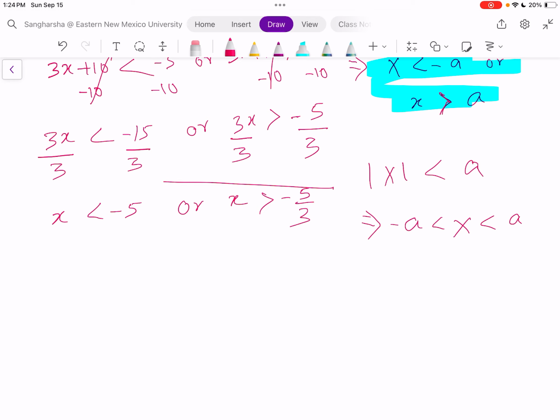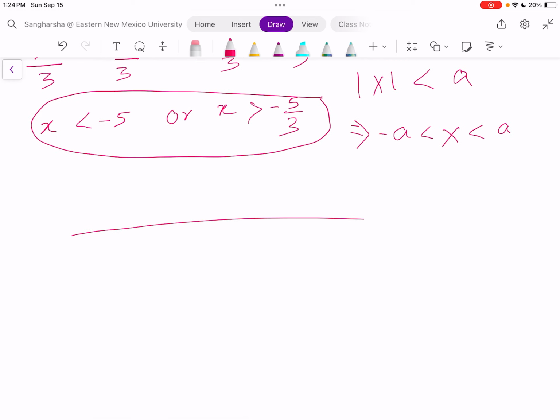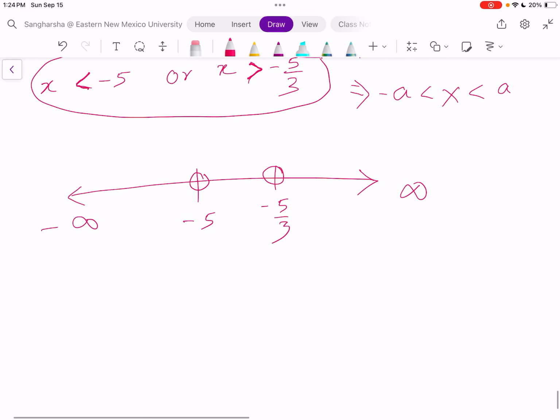So this is the solution of this inequality, but we want to write it in interval notation. We have negative infinity, positive infinity, so negative 5 is somewhere here, negative 5 over 3 is somewhere here. We don't have an equals sign here, we have strictly less than and strictly greater than, so we have an open circle at negative 5 and an open circle at negative 5 over 3.